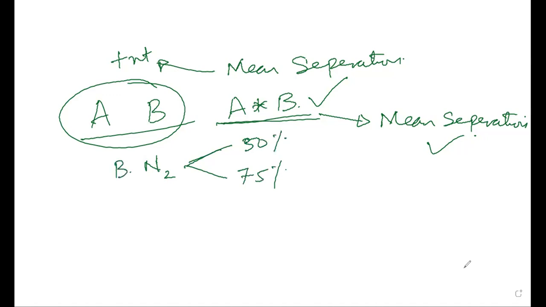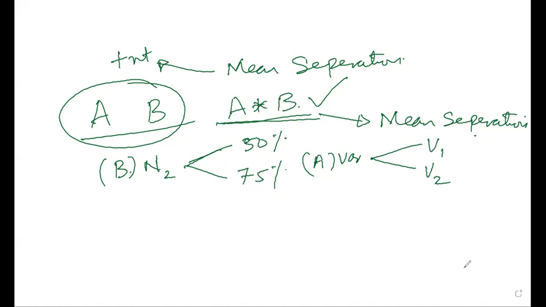This is my factor B. My factor A, let's say it is variety. Factor A is actually variety. Let's say variety 1, variety 2. Clear? So I'll have to talk a little on theory, then we will go for practice.